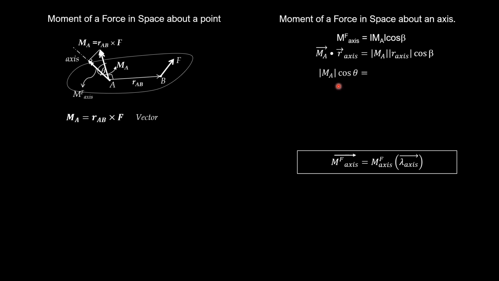So again, MA cosine of beta is MA dot R axis divided by magnitude of that axis, and this is equal to the unit vector of the axis. So moment of F about the axis, which is a scalar, is obtained by dotting MA with the unit vector of the axis.